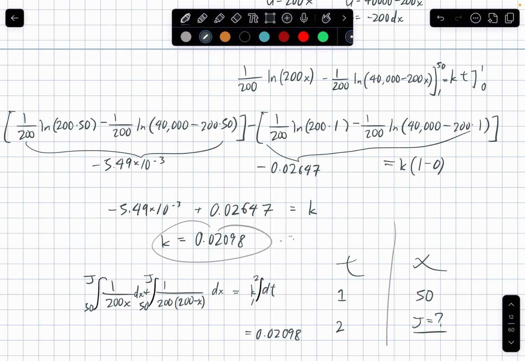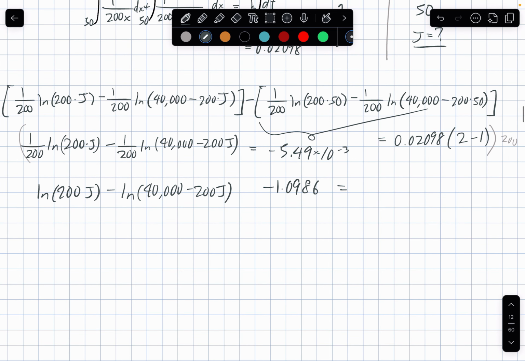Let me just verify my solution earlier. I might be having a problem with the signs. Here's a negative 3 minus, sorry, plus 0.02647. Yeah, nothing's wrong.